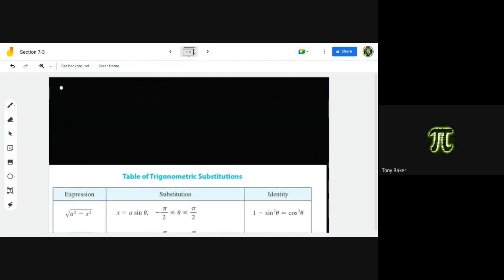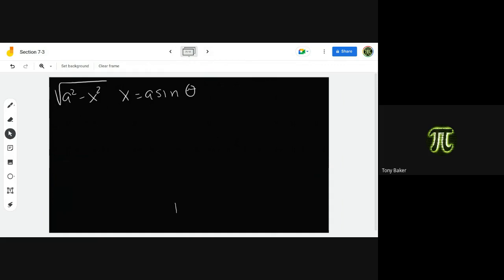So if you have a squared minus x squared, that's the one we just did. x is going to be a sine theta, where a is the square root of the value there.